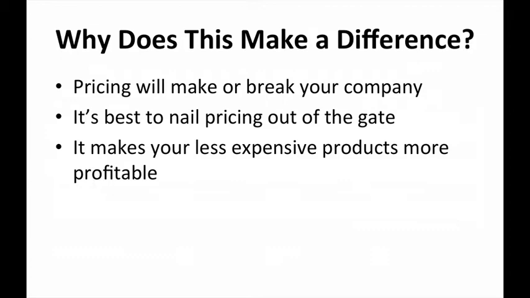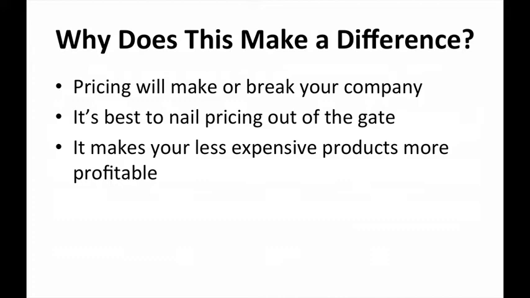So why does this all make a difference? The 3 really big mistakes, but ultimately pricing is going to make or break your company. You might launch a product that's $15, but no one's going to buy it unless it's at $5. So you're not going to get anywhere if the product's not moving off the shelf. That's why it's super crucial to nail your pricing right out of the gate, right at the very beginning.